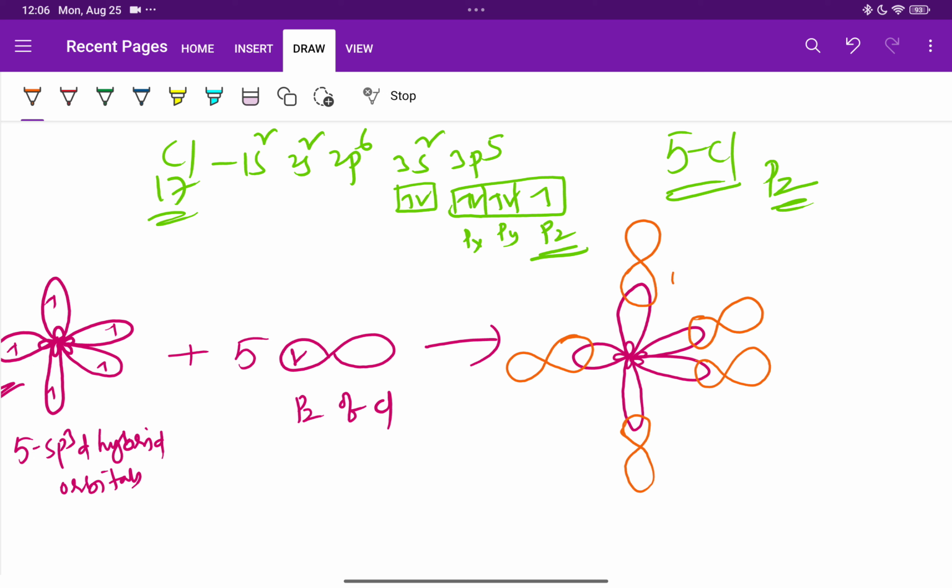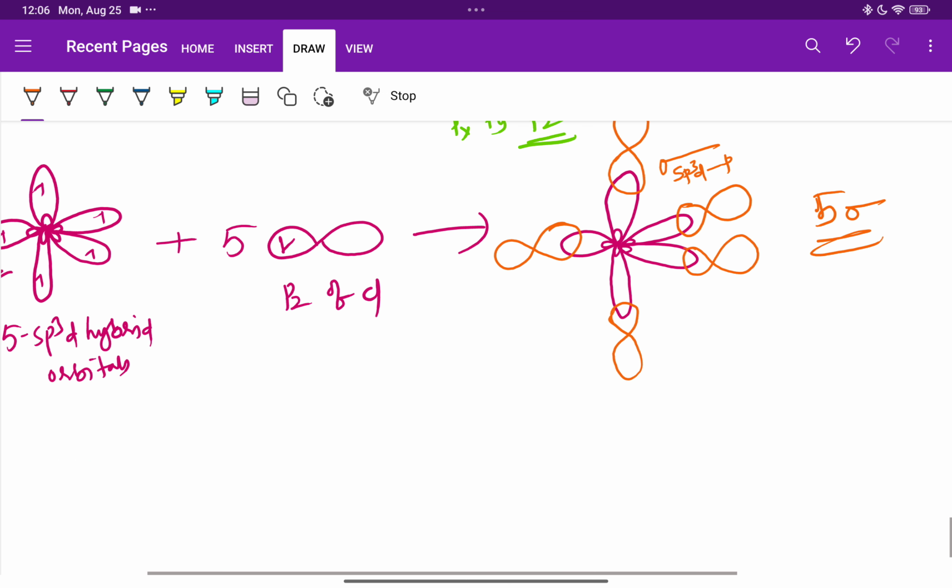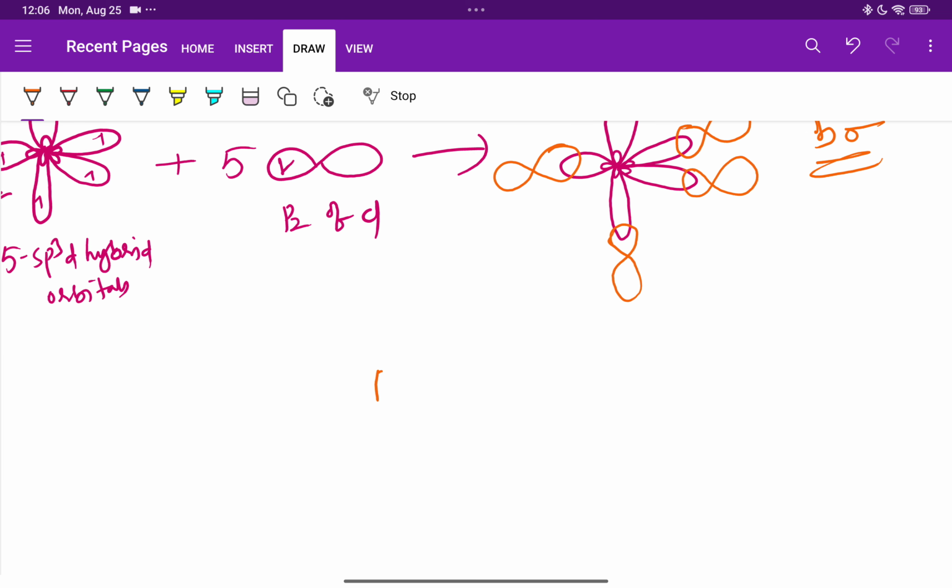Here the overlapping is sigma sp3d-p type. So total 5 sigma bonds are there. Then the structure: phosphorus with chlorines, 2 chlorines are away due to the repulsions, 3 chlorines are near to the central atom.